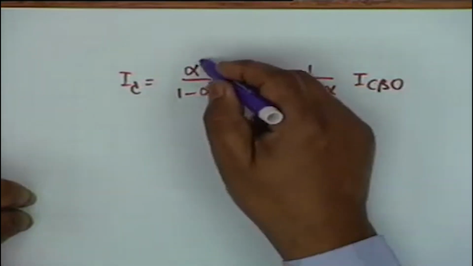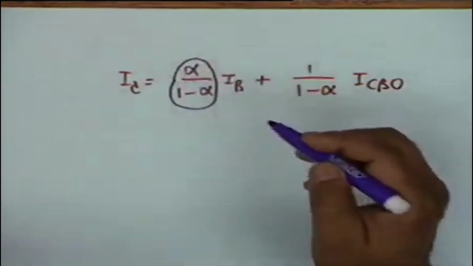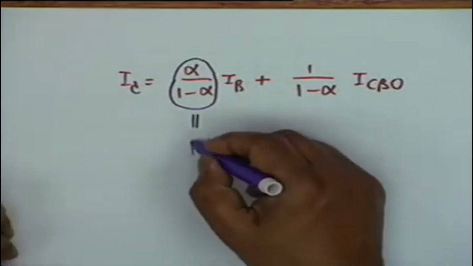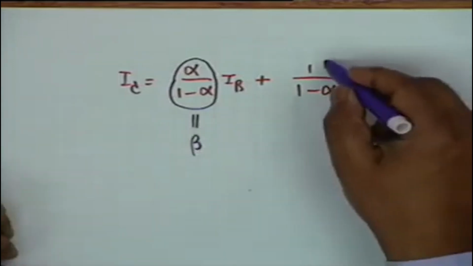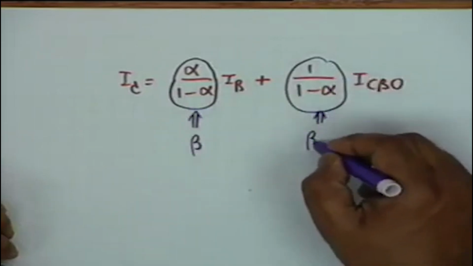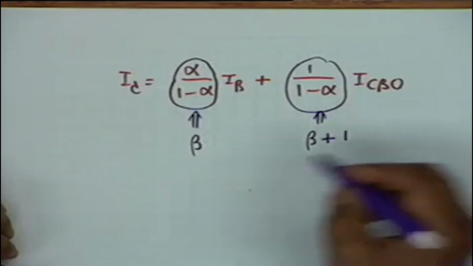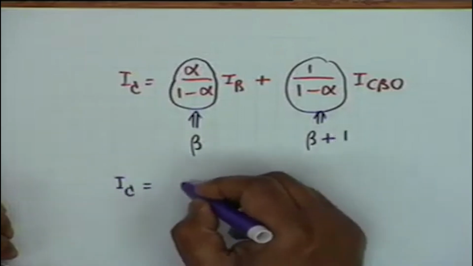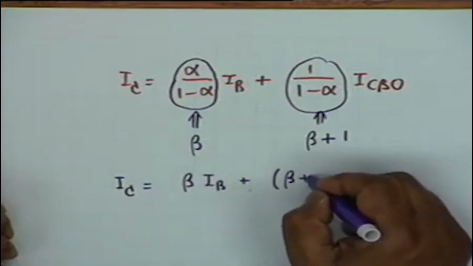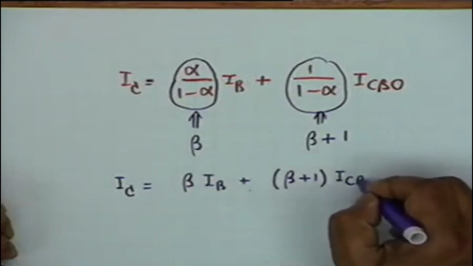Now, we defined last time this quantity alpha by 1 minus alpha as beta. Then 1 by 1 minus alpha can be easily shown to be equal to beta plus 1, and therefore I sub C is equal to beta I sub B plus beta plus 1 times I sub CBO.